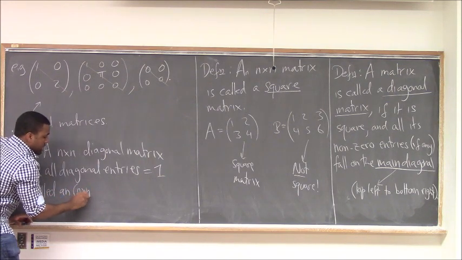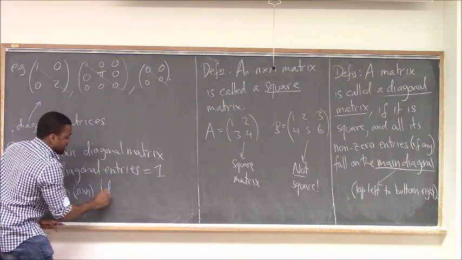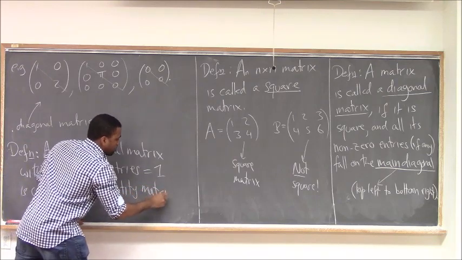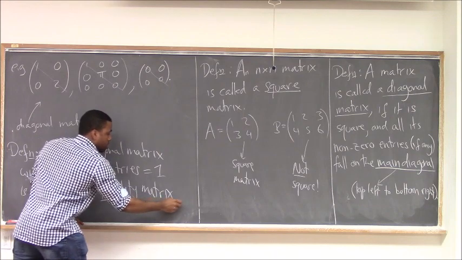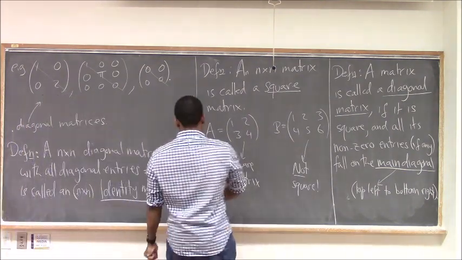You can specify the size if you need to, but you usually don't. We'll see why it's called the identity matrix pretty soon when we deal with matrix multiplication.